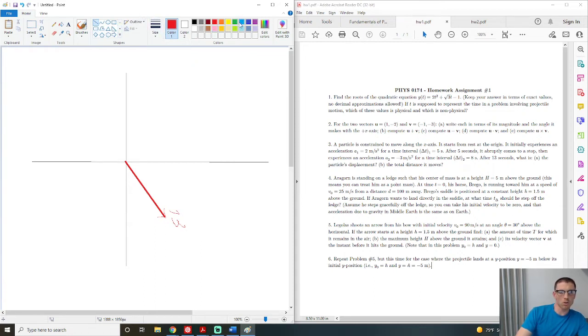We'll put this in blue. You go to the left 1 and down 3. Don't worry about relative motion. This is going to look like this, and I think this is a decent sketch.